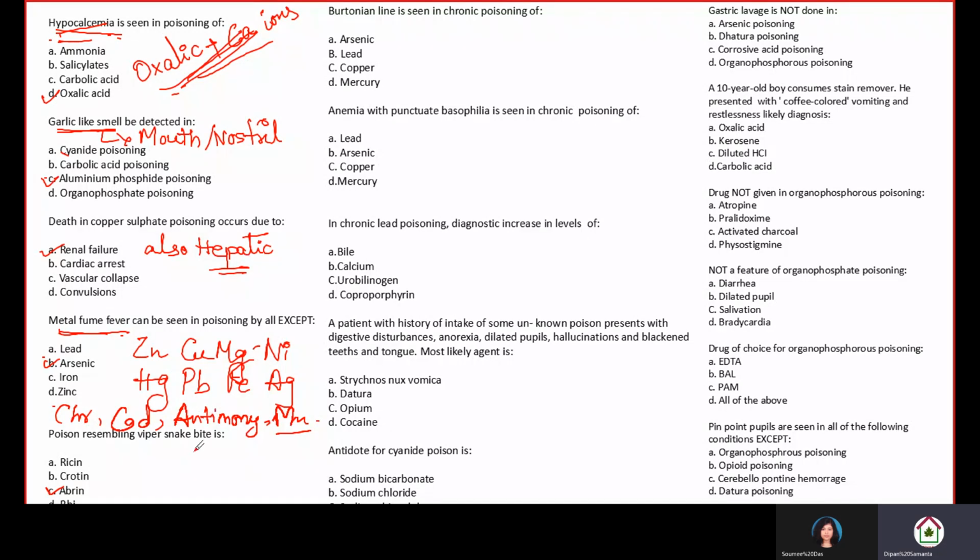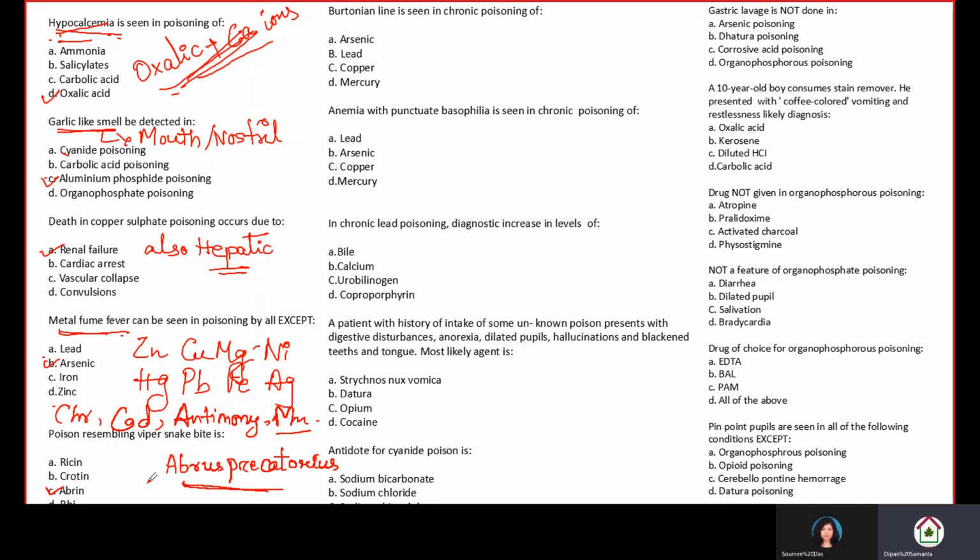Abrin is a toxalbumin, which is similar to viper snake venom.